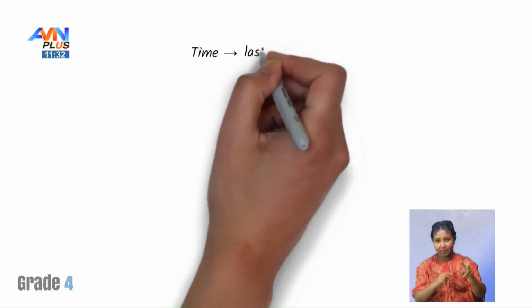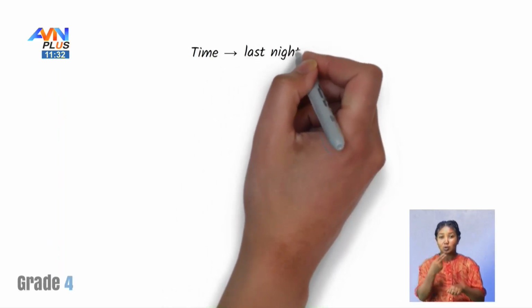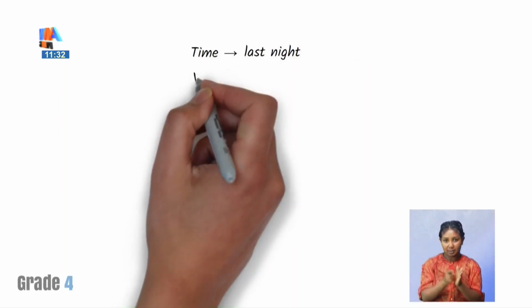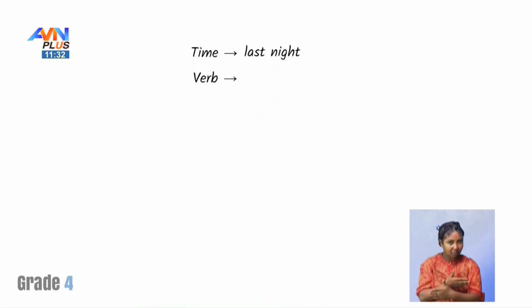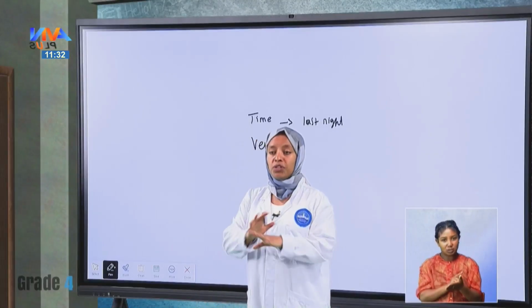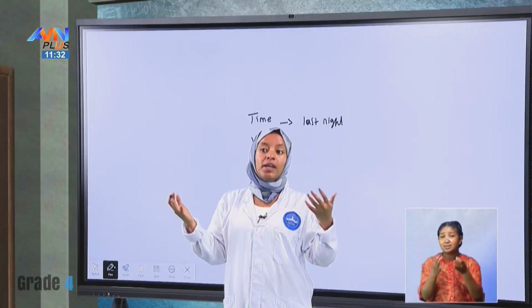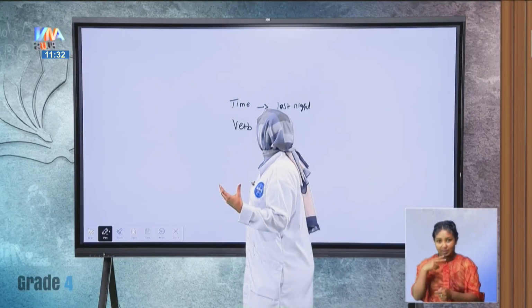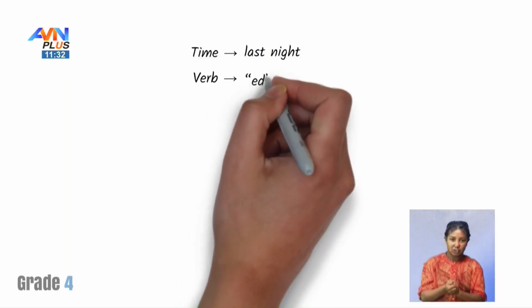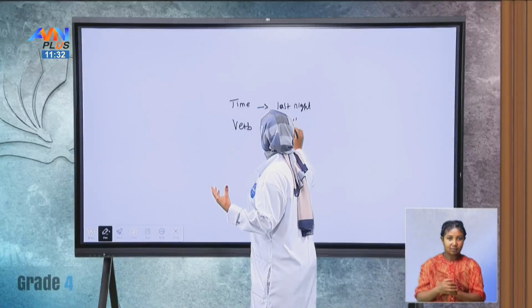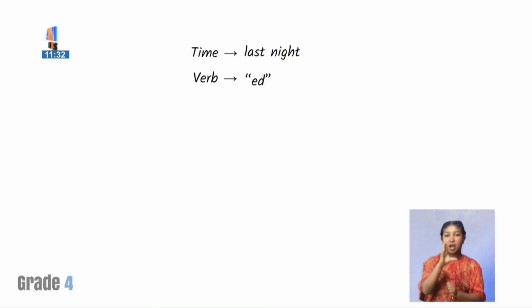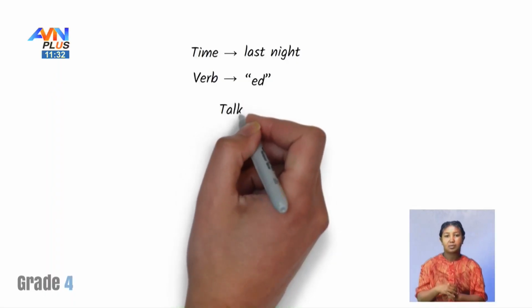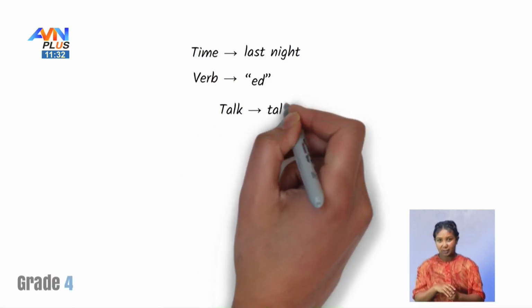So we are using specific time like last night, last day, previous time, last week, and also different specific times. And also we are going to use some verbs changing by ed, like talk, talked.